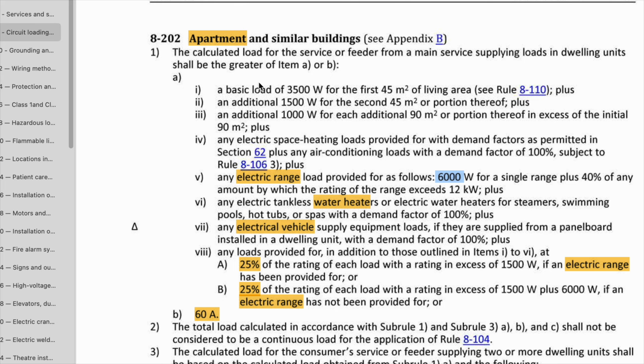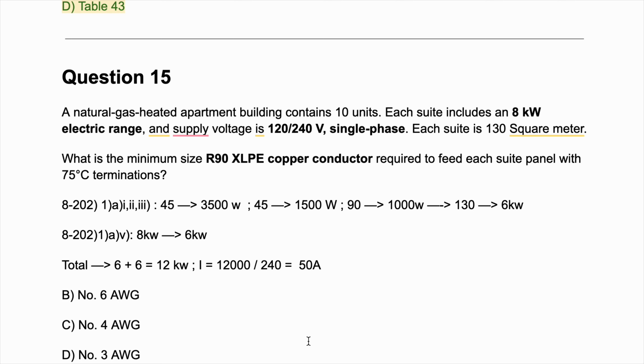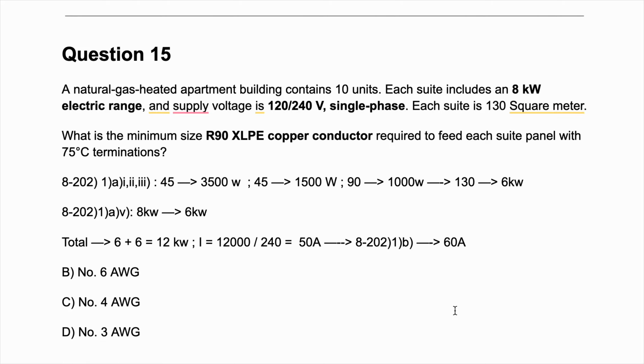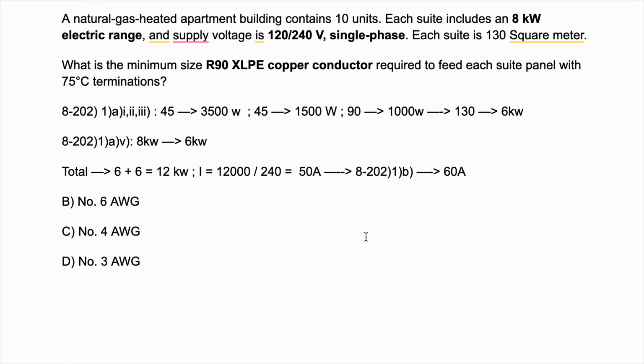Look here, greater of item A or B. Because of sub rule 8-202, 1(b), we take 60 amps, and then we need to go to the table.